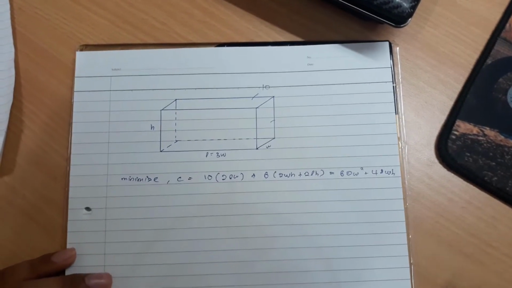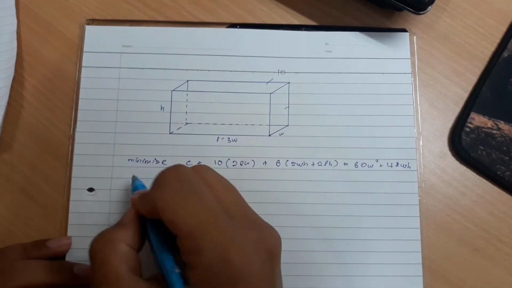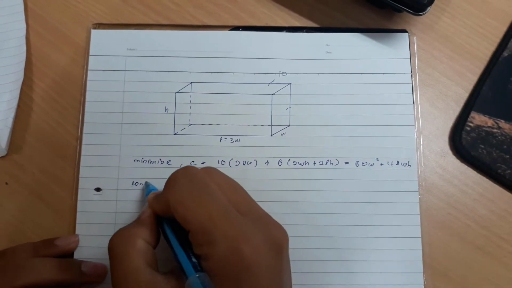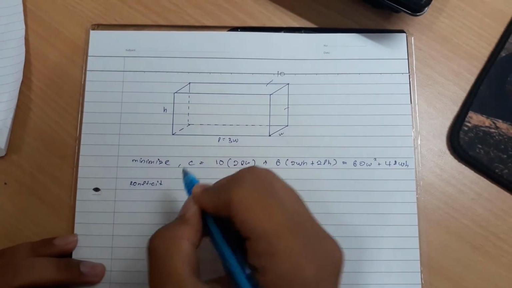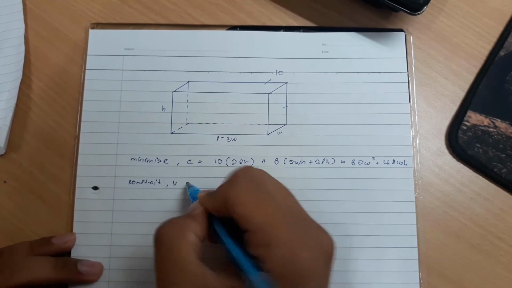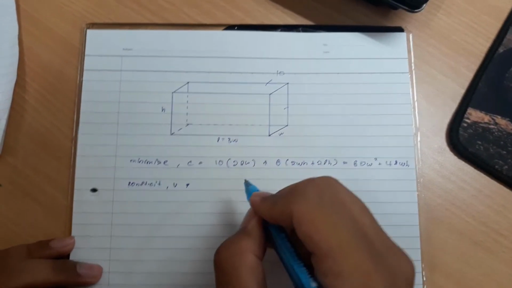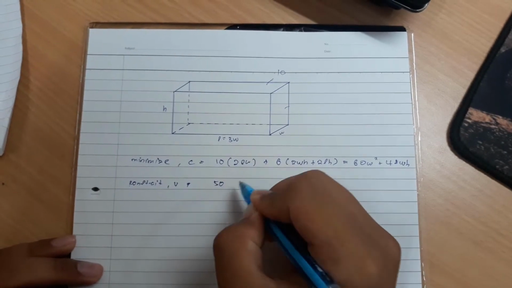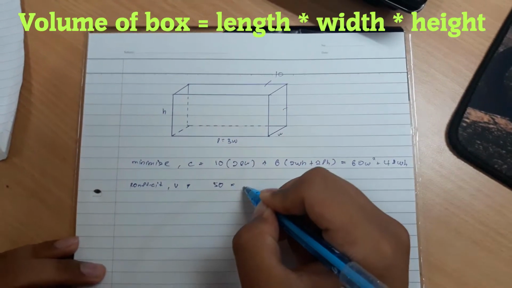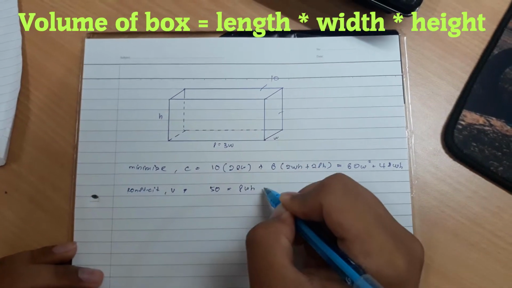Second, we need to calculate the volume. The volume is 50 feet cubed equal to LWH for the formula.